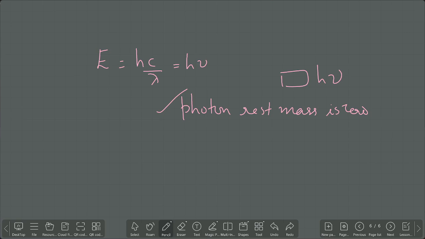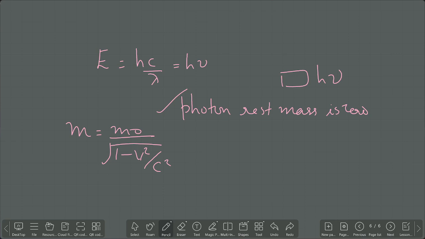Very important. Here we are using Einstein's theory of relativity, a small portion of it. According to relativity, you can write mass as m0 by root of 1 minus v square by c square. This is the equation for relativistic mass.